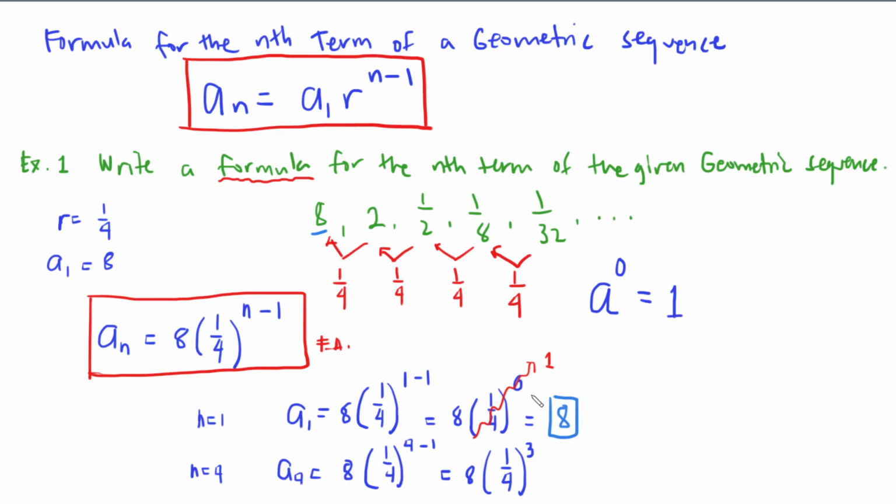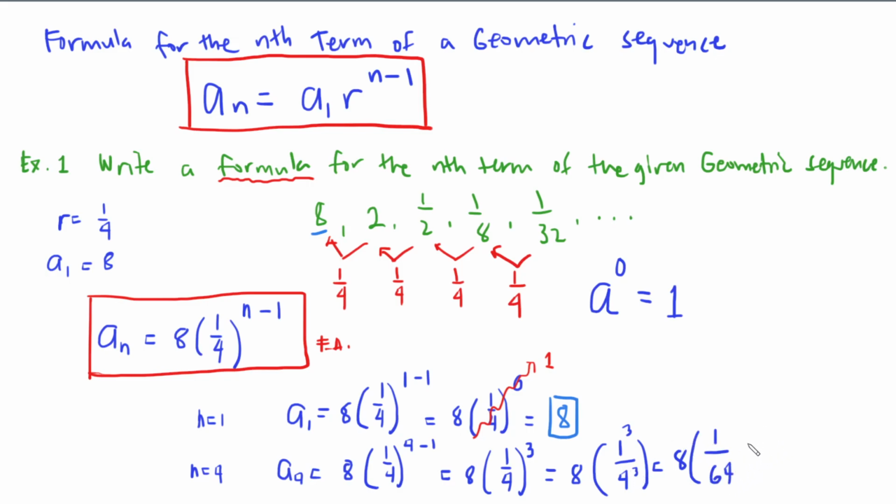Yung isang fraction ay naka-raise sa isang exponent, no? So, distribute mo lang yung exponent. So, pwede mong sabihin na that is 8 times the quantity 1 raised to 3 over 4 raised to 3. Okay? So, 8 times 1 raised to 3 is 1 over 4 raised to 3 is 4 times 4, 16 times 4, that is 64.